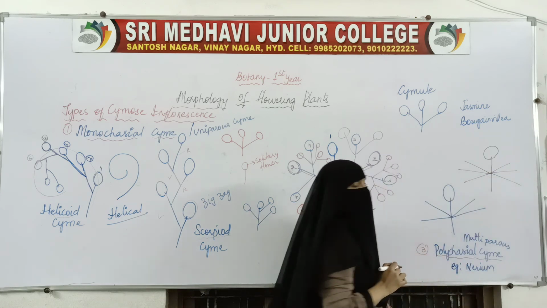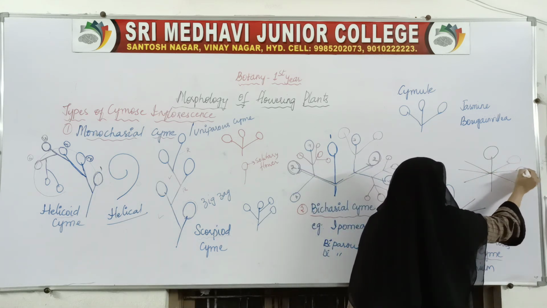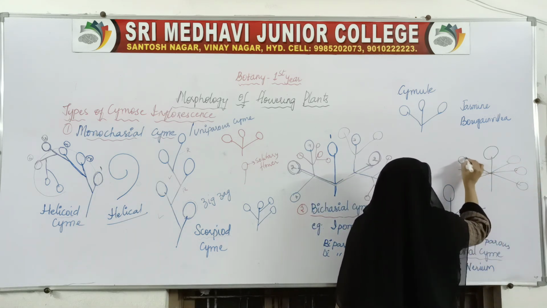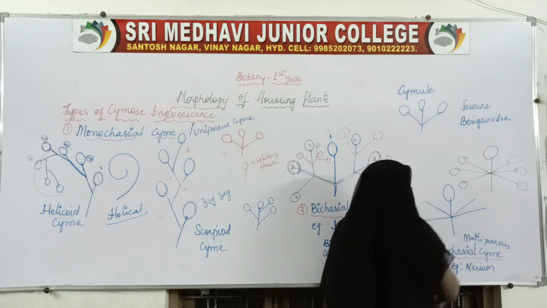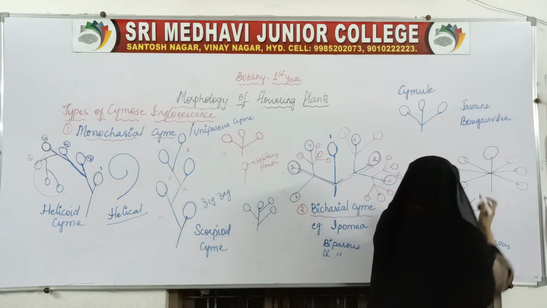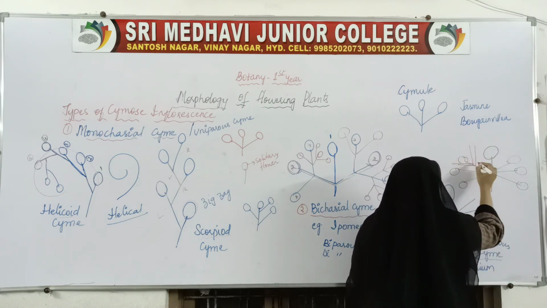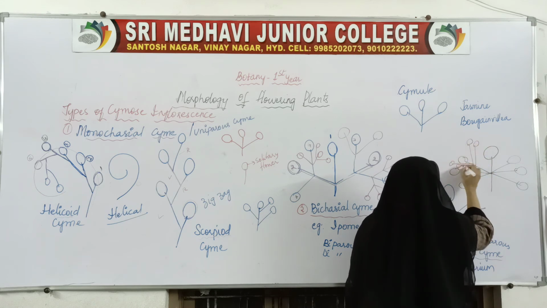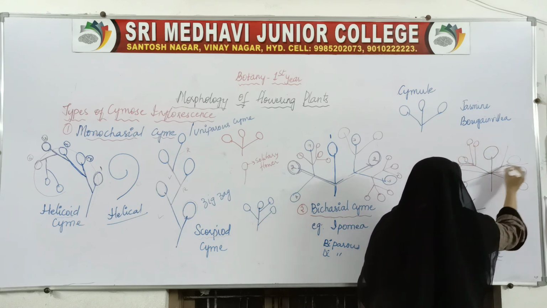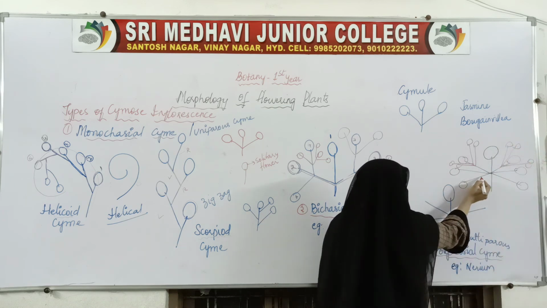It is giving rise to many branches, and all these branches terminate into flowers. This again gives 1, 2, 3, 4, and all terminate into flowers.